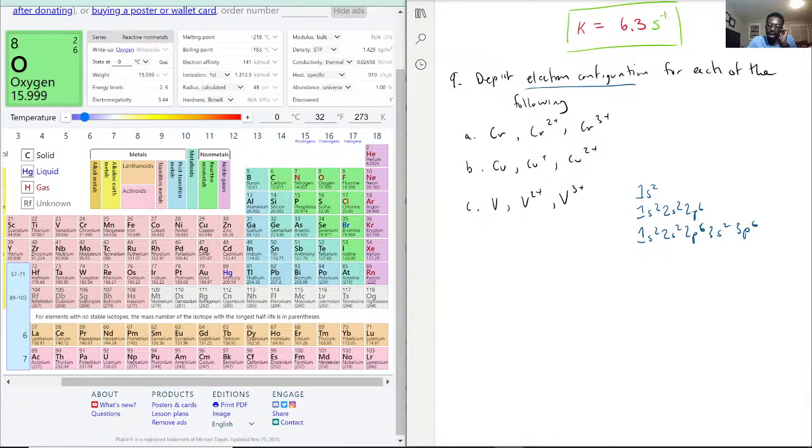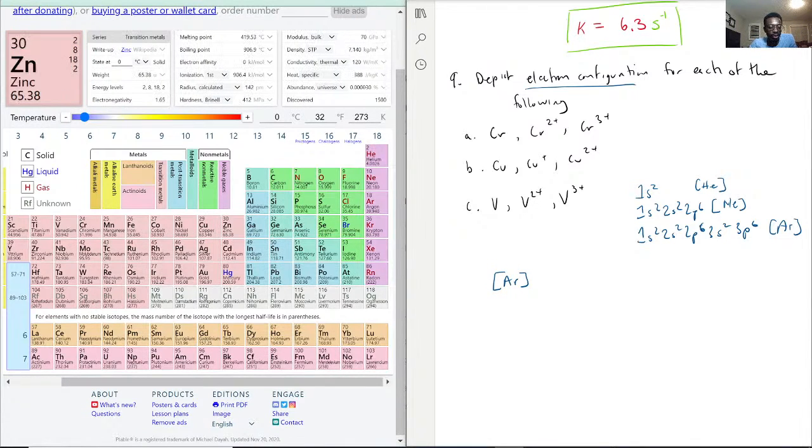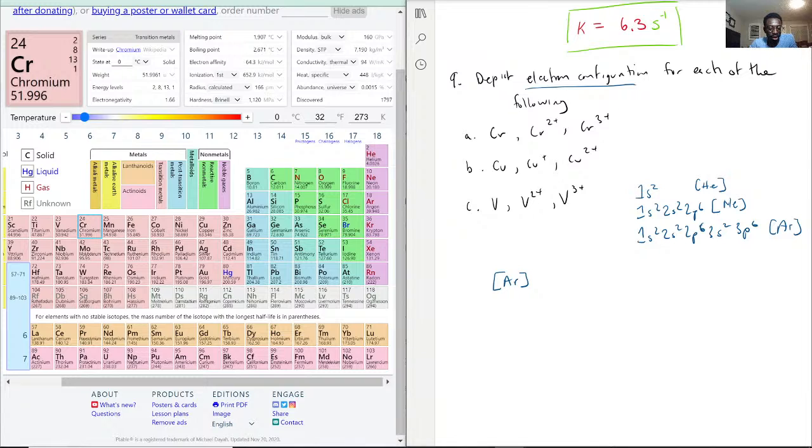I just wanted to set that up in case we were wondering. That's helium, this is neon, and this is argon, Ar, not silver. Now we want to do chromium first. Chromium is right there.